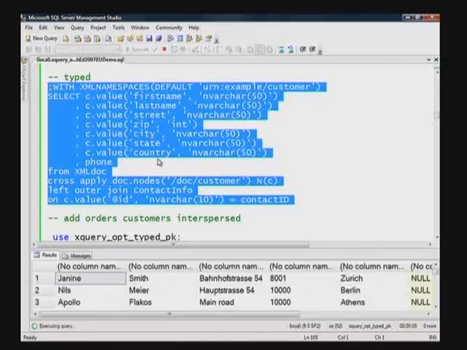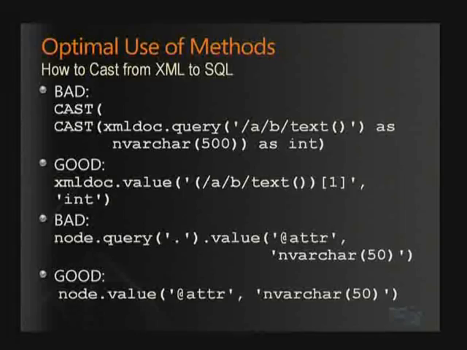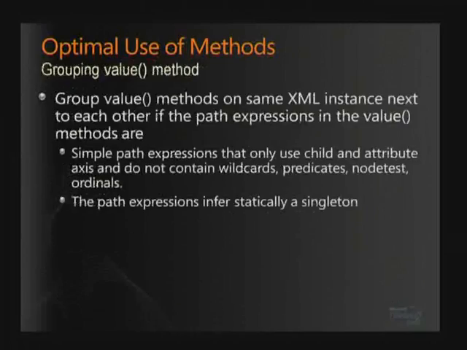Another frequent problem that you see when you're using the methods is that people just put the methods in arbitrary orders inside the select clause. Now, there shouldn't be really a reason why this is important. However, we can actually aggregate these method invocations together and improve our performance by pushing multiple path expressions in.